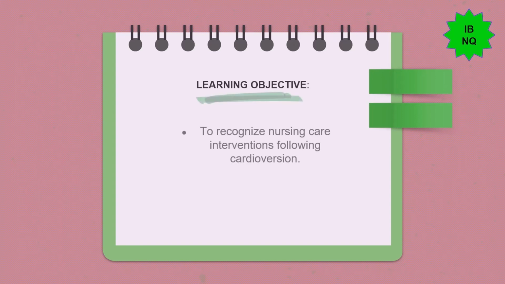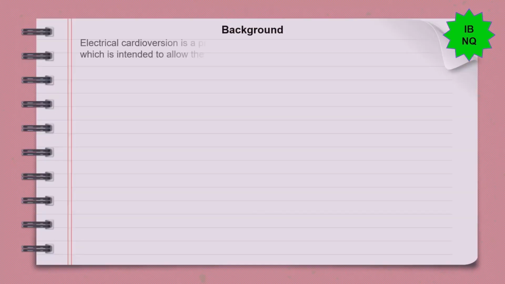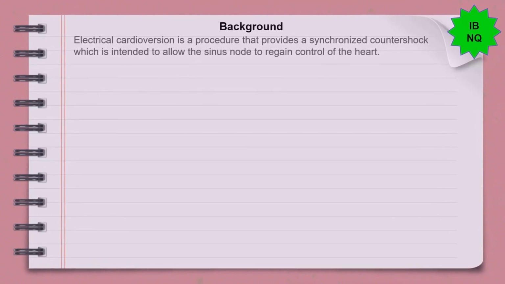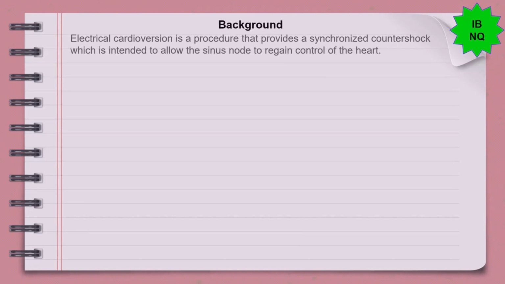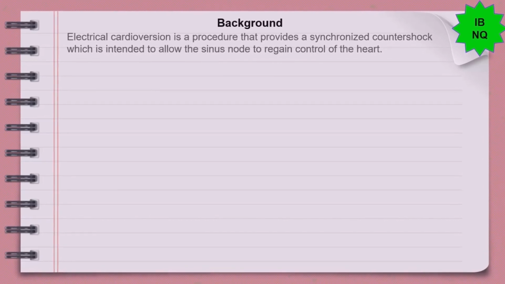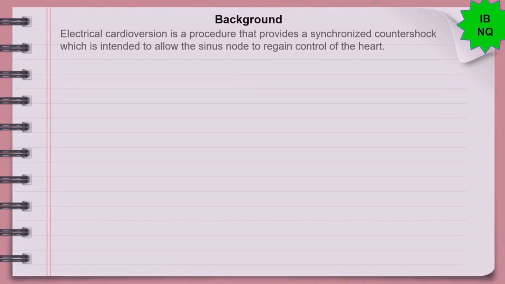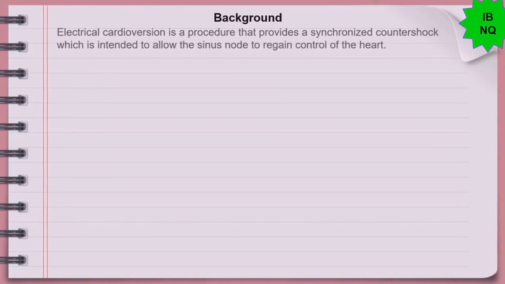Learning objective. To recognize nursing care interventions following cardioversion. Background. Electrical cardioversion is a procedure that provides a synchronized countershock which is intended to allow the sinus node to regain control of the heart. The client is usually conscious before cardioversion, so a short-acting anesthetic may be administered to sedate the client.